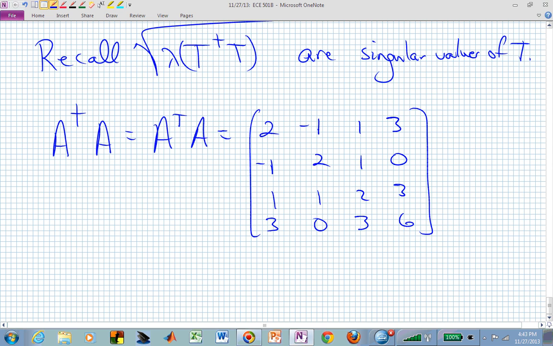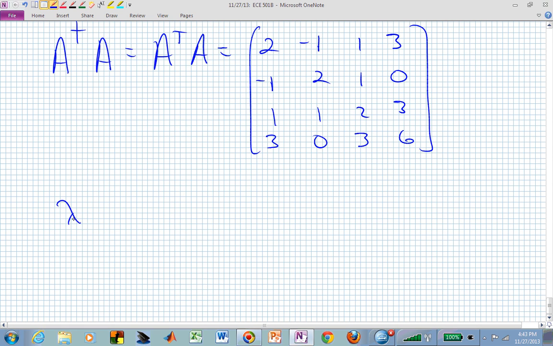Is it obvious what the eigenvalues of that are? No. But if you find them, the eigenvalues of A transpose A are 3, 9, 0, and 0.